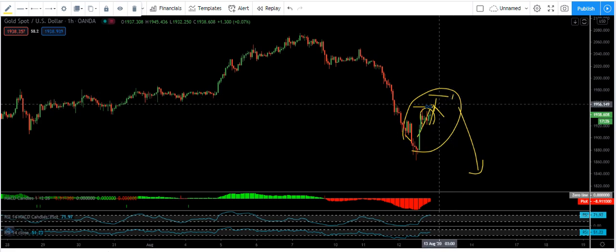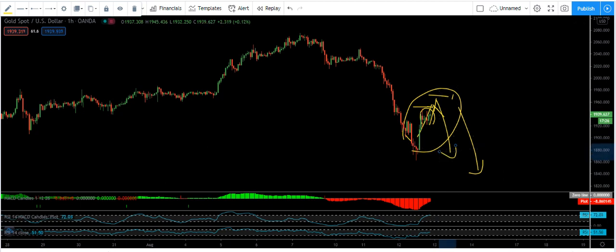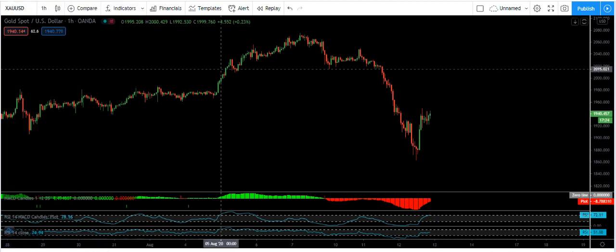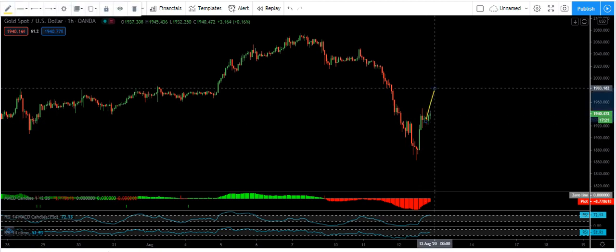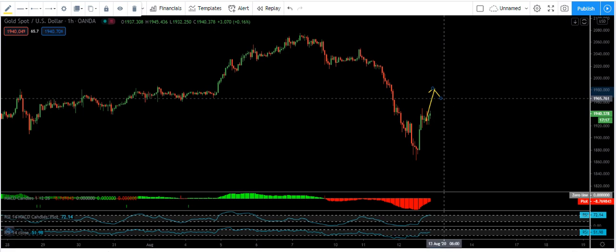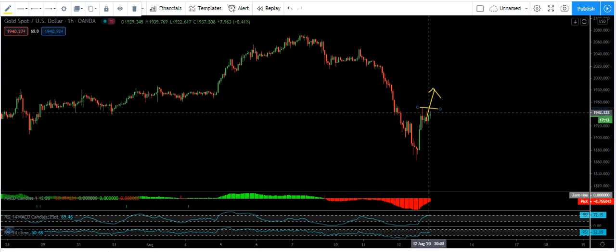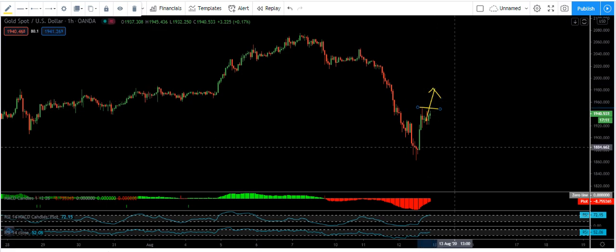In any option, when we take the trade, we should move the stop loss to break even in case we get a reversal. Even if we get a sharp move and the price moves quite fast, it's better to move the stop loss to break even, because sometimes it can break, go higher and reverse.